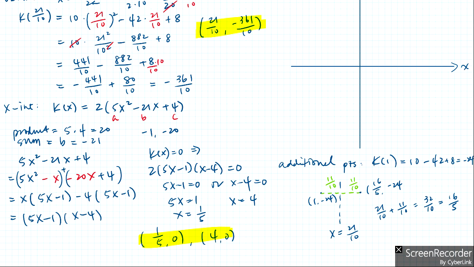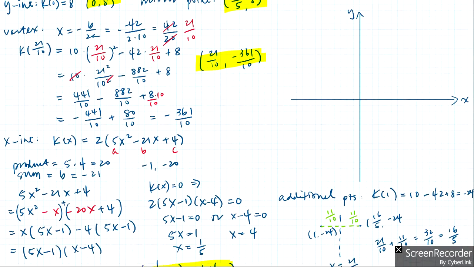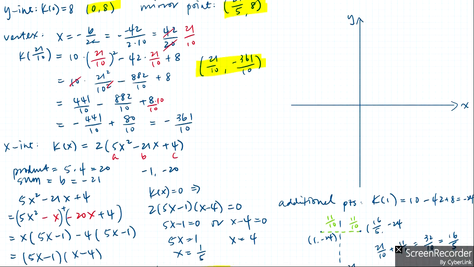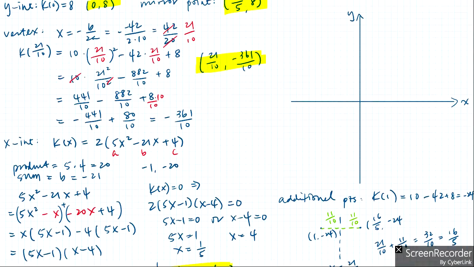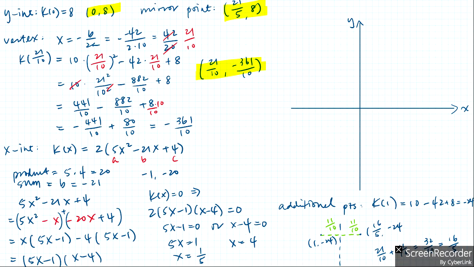And here we can see clearly we have very, very negative values, so I'm going to adjust my coordinate plane a little bit to accommodate all the very negative values. But also on the positive side, I have a positive 8 to fit in the y direction.